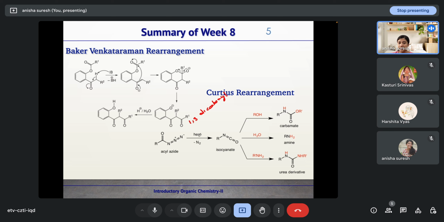Upon heating, N2 will be lost. Here we can see R double bond O, N minus.